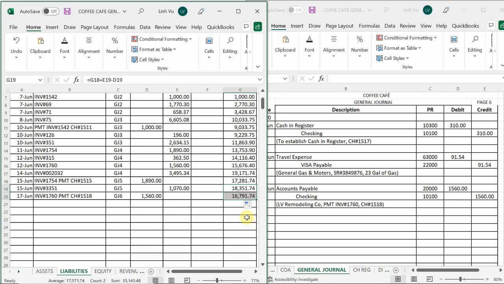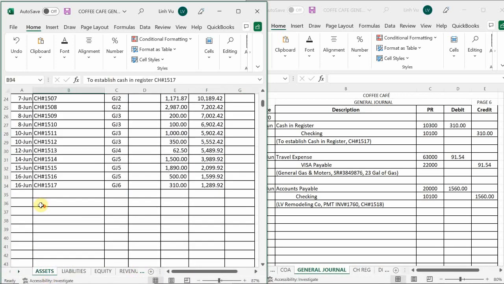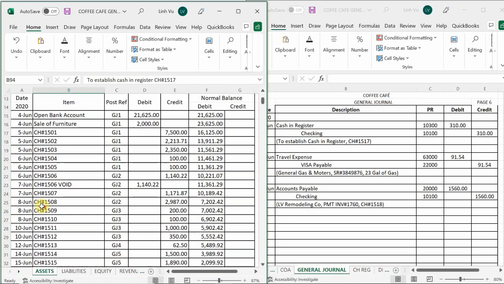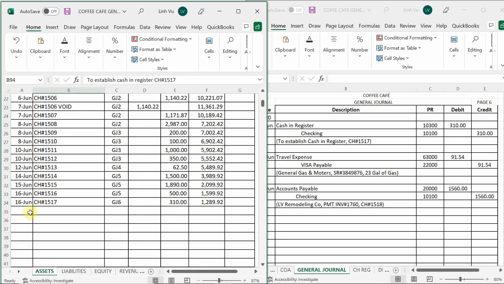And then in your assets, you would go checking. Put in check 1518 with today's date, page 6, credit 1560.